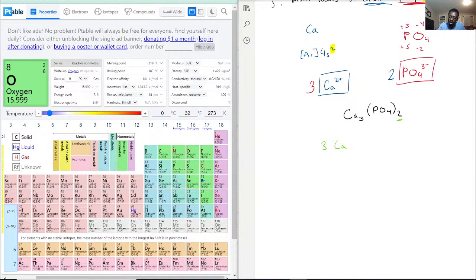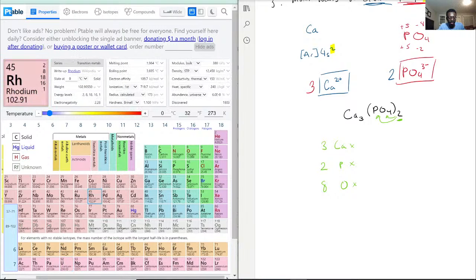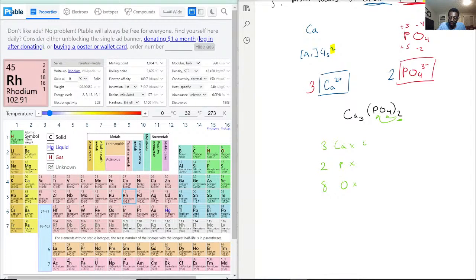Now with this 2 here, you want to make sure you multiply both by 2. So we have 2 for the phosphorus and 8 for the oxygen, okay. So 3, 2, and 8. And now calcium, okay, is 40.078.